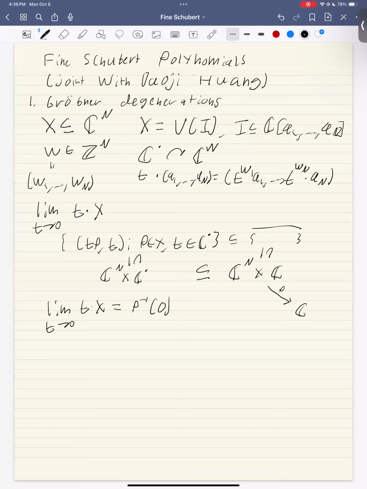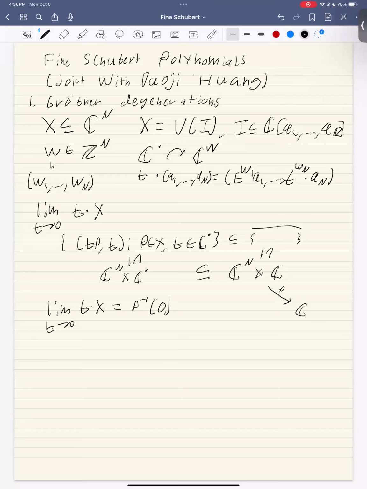To do that, I'm going to cook up a polynomial which vanishes on this set first. So if I consider the polynomial f of T to the minus W1 A1, through T to the minus Wn An, this vanishes on the set of things of the form (T dot P, T), where T is in C star and P is in X.